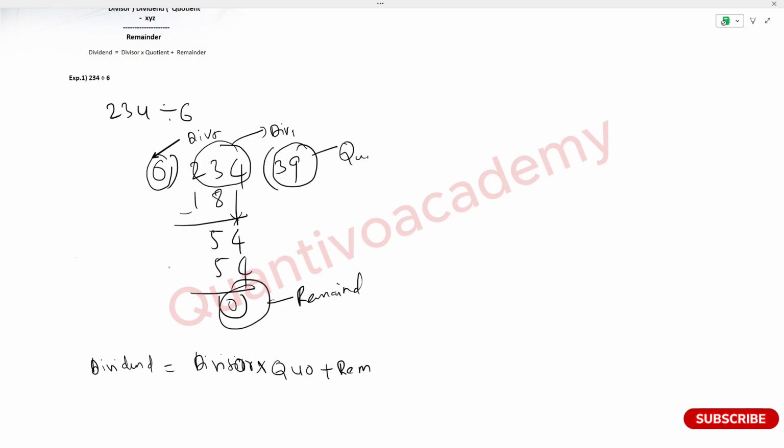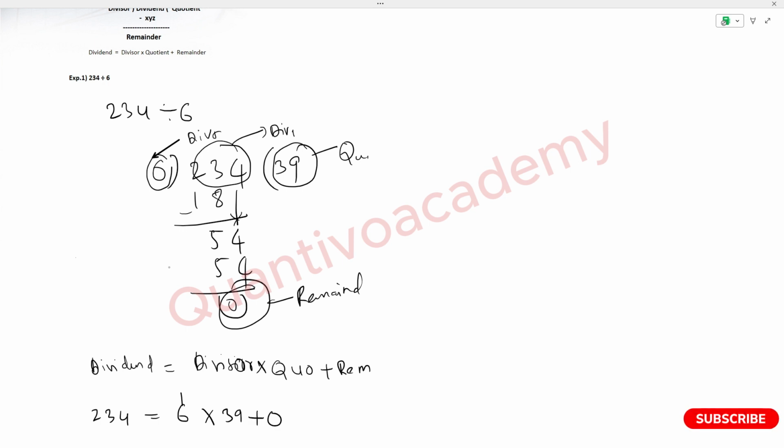What is the dividend here? The dividend is 234 and the divisor is 6. Dividend is 234, divisor is 6, quotient is 39, and remainder is 0.